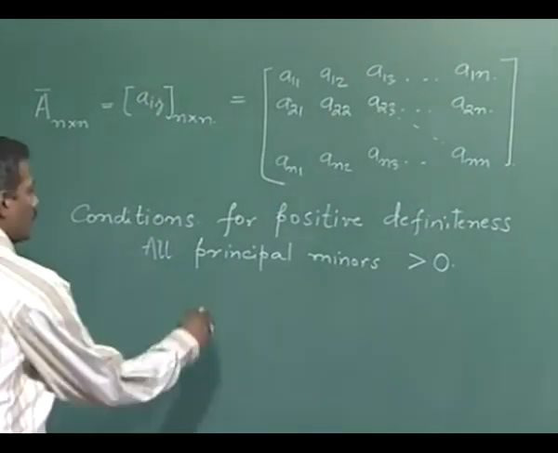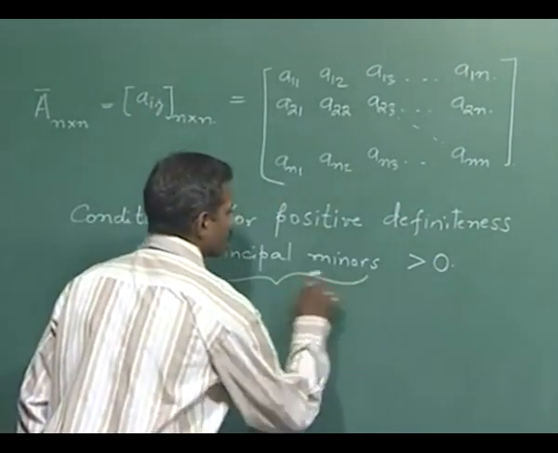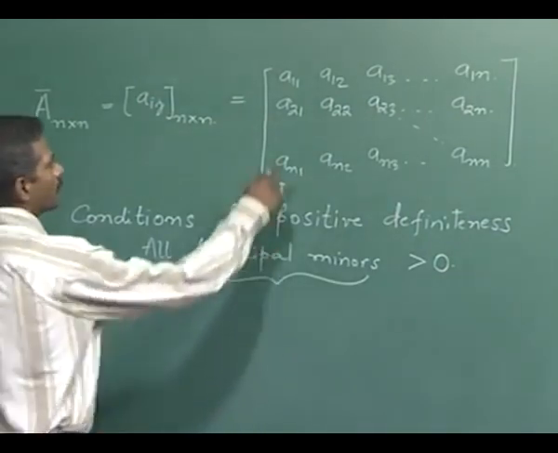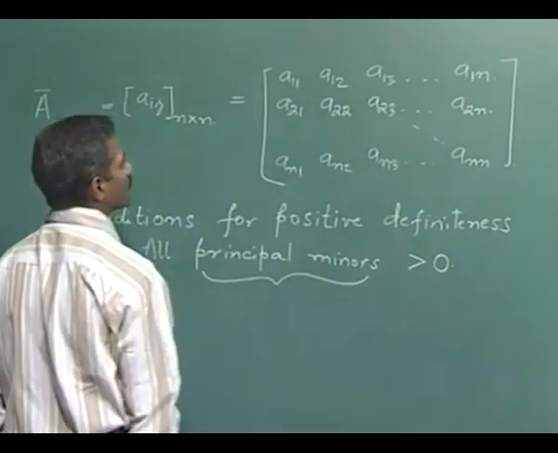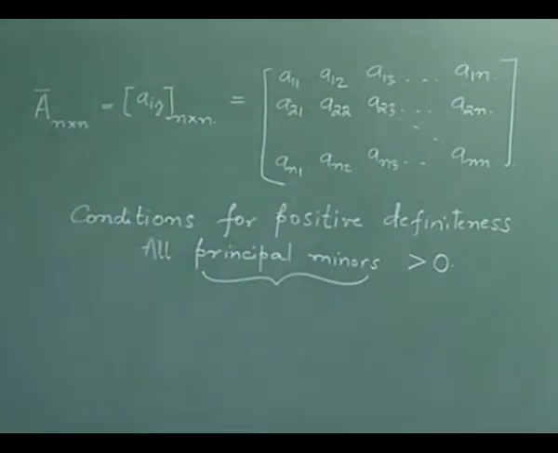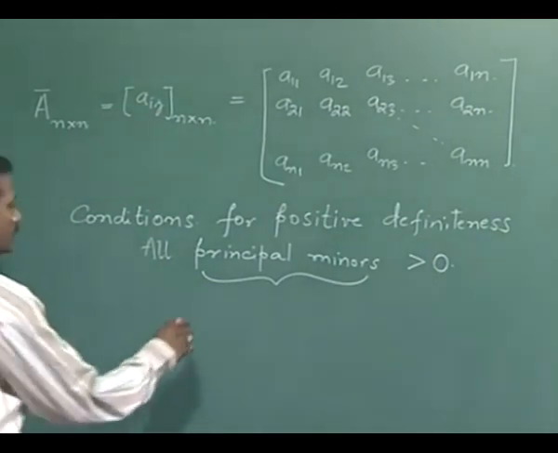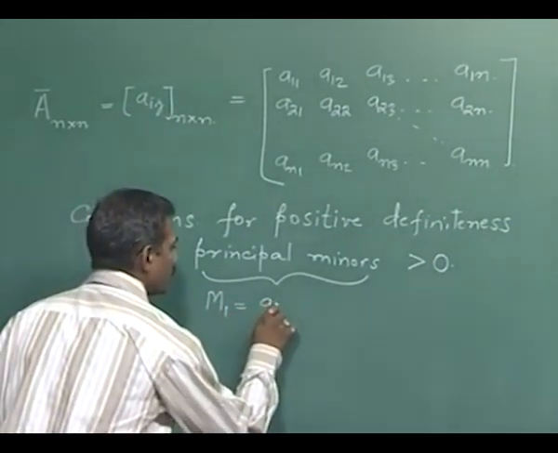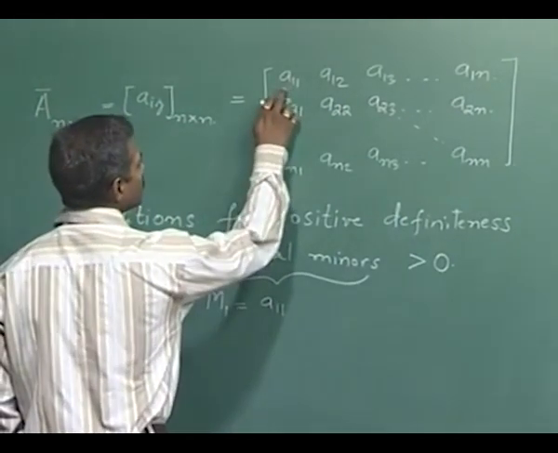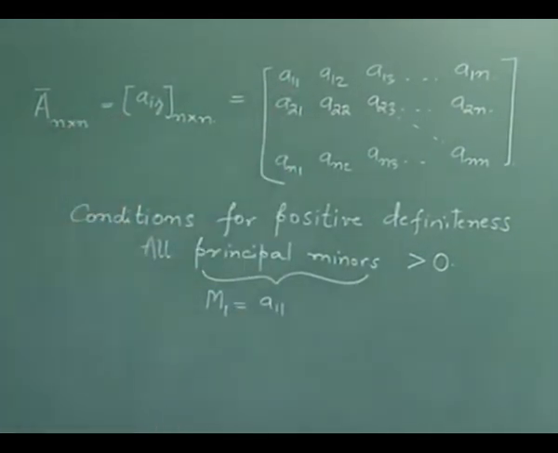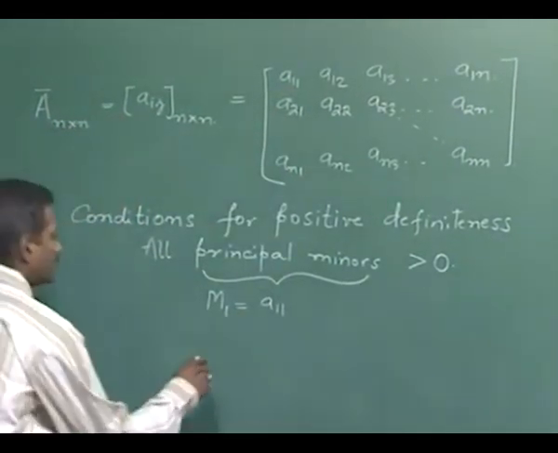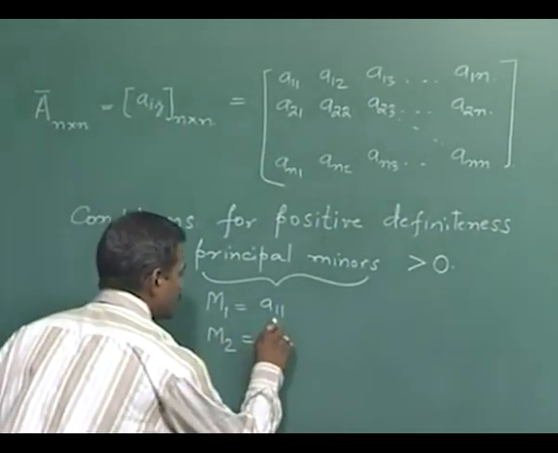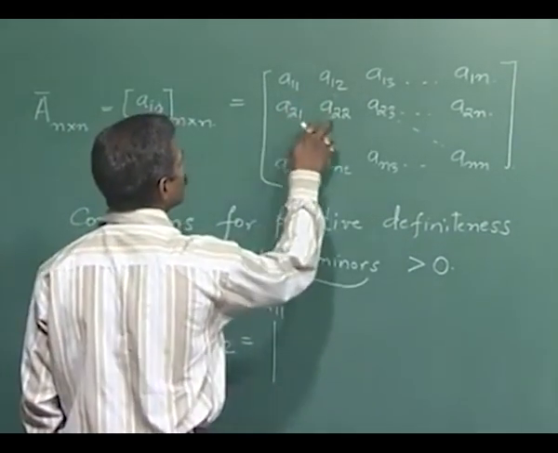Now, what are principal minors? They are the set of determinants that you construct from this matrix. For example, the first principal minor will simply be the first element A11. The second principal minor will be the determinant of this 2 by 2 matrix.